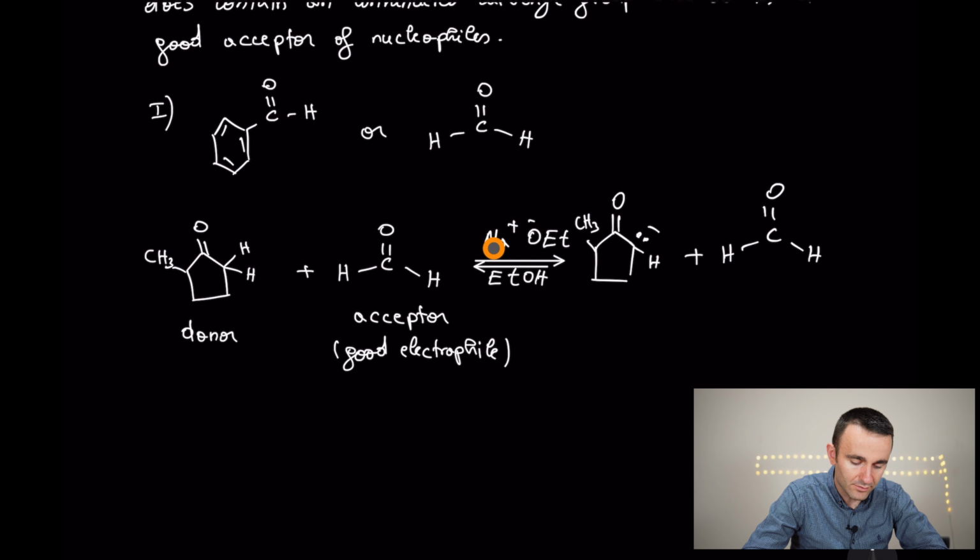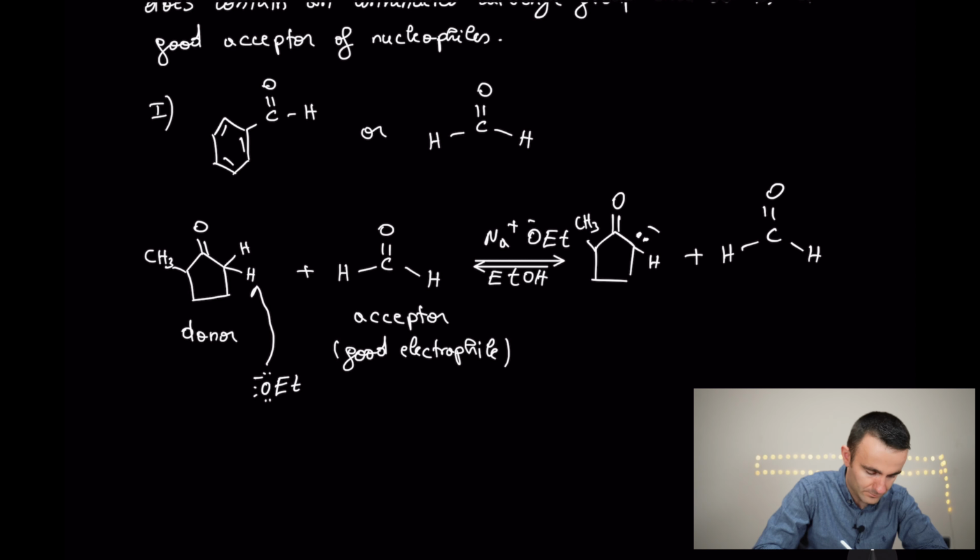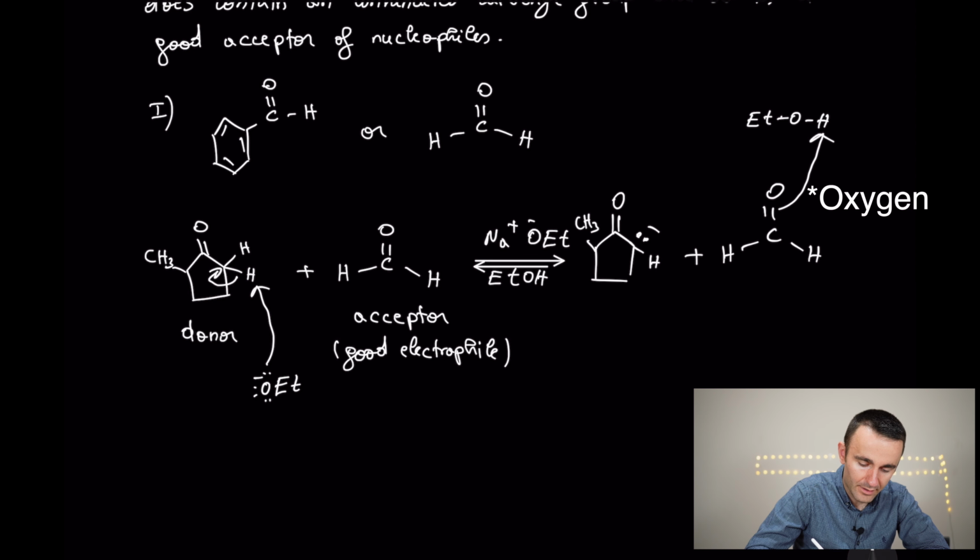So in this case we use sodium ethoxide, and here the removal of hydrogen is done by the ethoxide, and this pair moves here, and now the ethanol formed here is going to protonate the carbonyl group here, and this lone pair here is going to attack the carbon here that is the electrophile. So you are going to regenerate the base and yield the new product, that is this one.